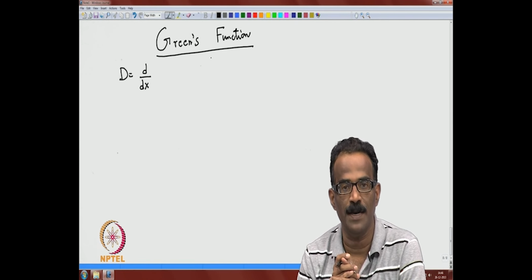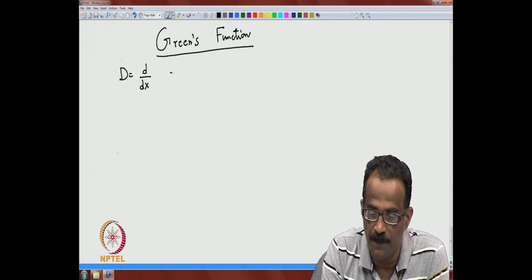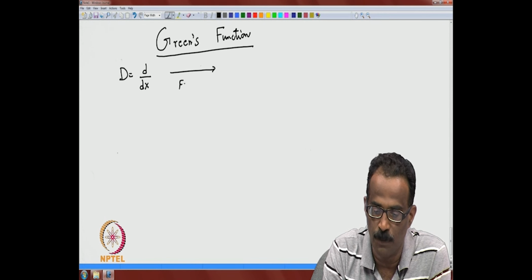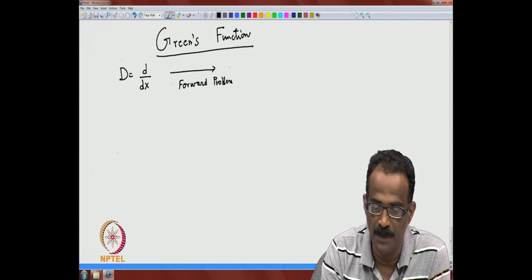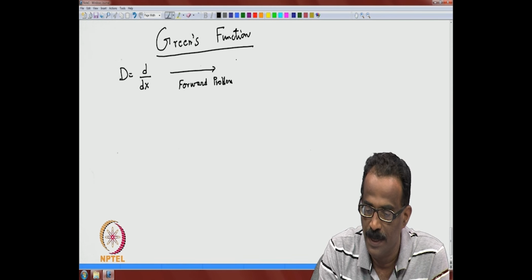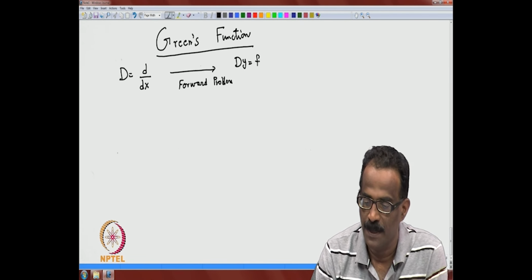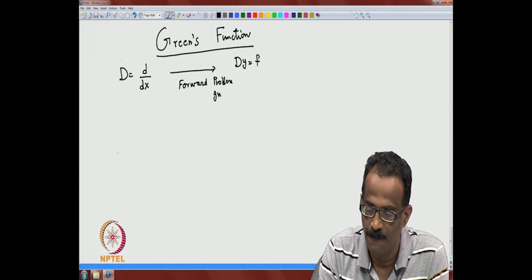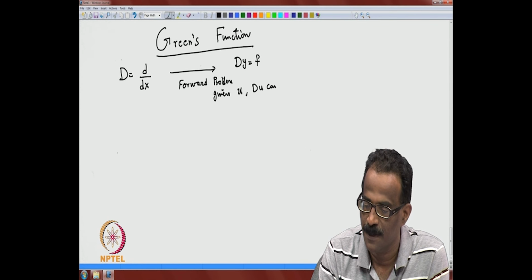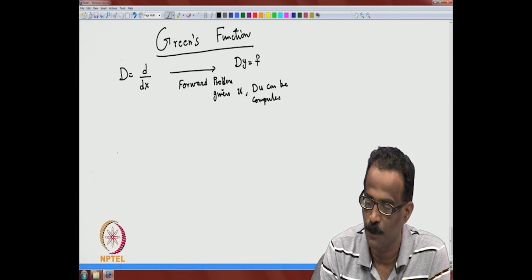You are comfortable with that, and finding the derivative is a forward problem. That means given u, du by dx equal to f can be computed. That is a forward problem, no doubt about that.